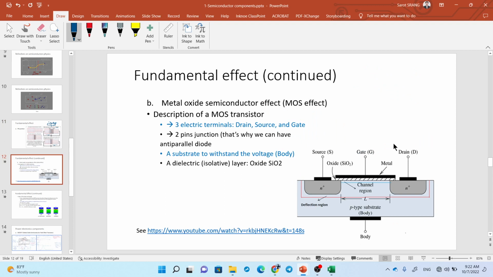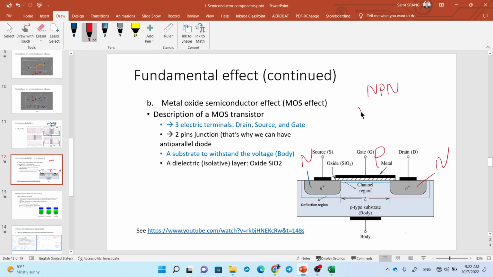And for this one, this is a formation of a transistor, N-type. So you can see here is N. This one also N, and the middle is P. So this one is called NPN.